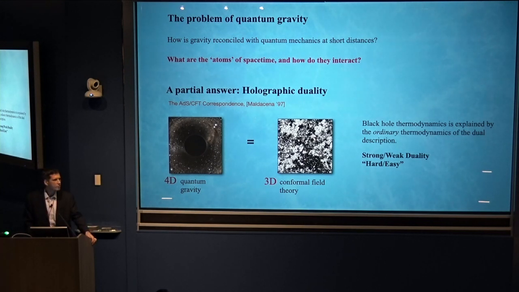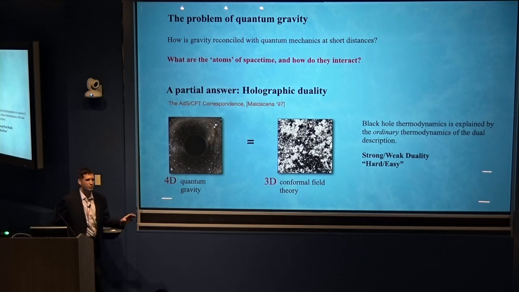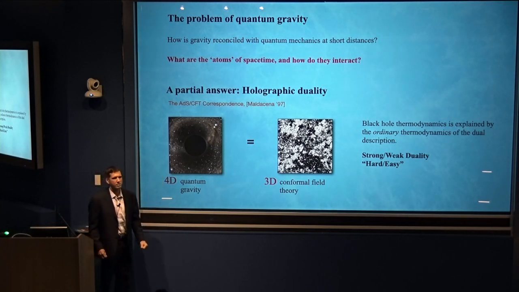And what holographic duality says is that in certain situations, a theory of quantum gravity with black holes, the image on the left, is exactly equivalent to a theory of quantum matter without gravity. That's what this image represents on the right.